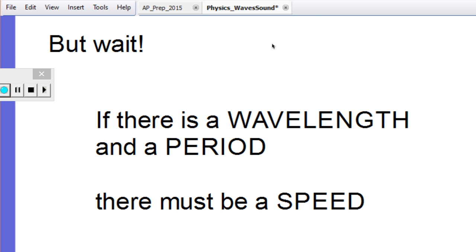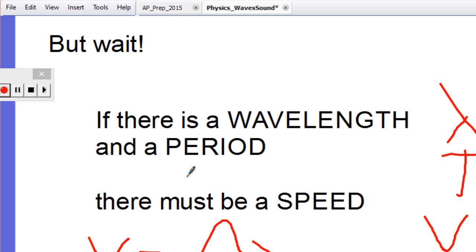Last thought, but wait. If there is a wavelength, and if there's a period, then there must be a speed. How so, Mr. Saslow? Well, wavelength, that's like delta x. Period, well, that's time. And the old equation for speed is delta x over delta t. Which means we get a brand new equation for our wave.